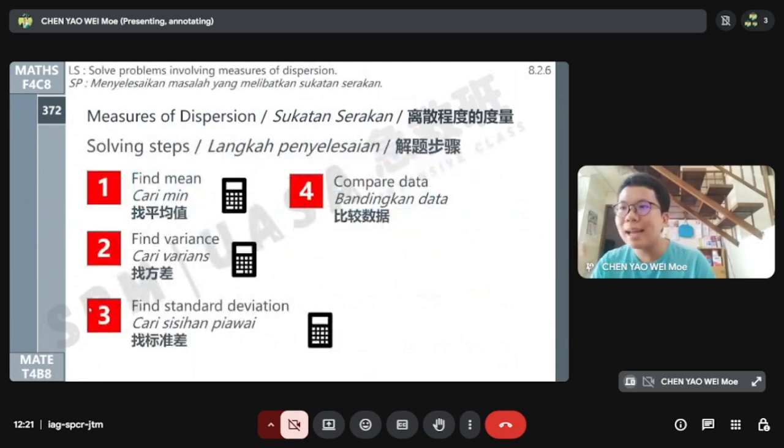Finally, in the exam, what comes out? It comes out like this. Four things you need to know: find the mean, find the variance, find the SD, compare data.